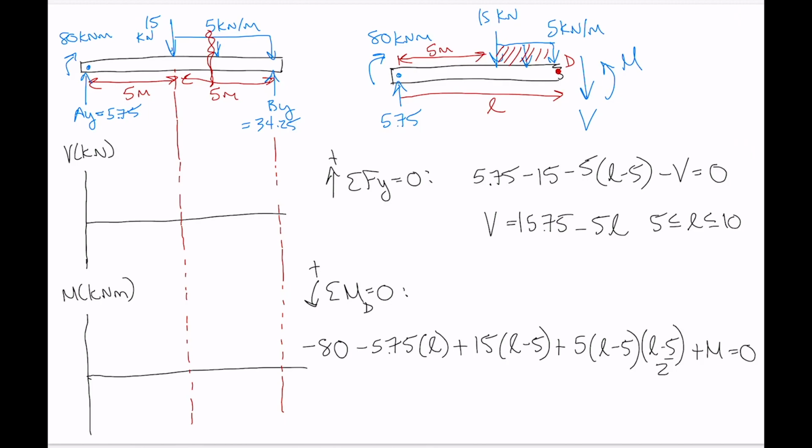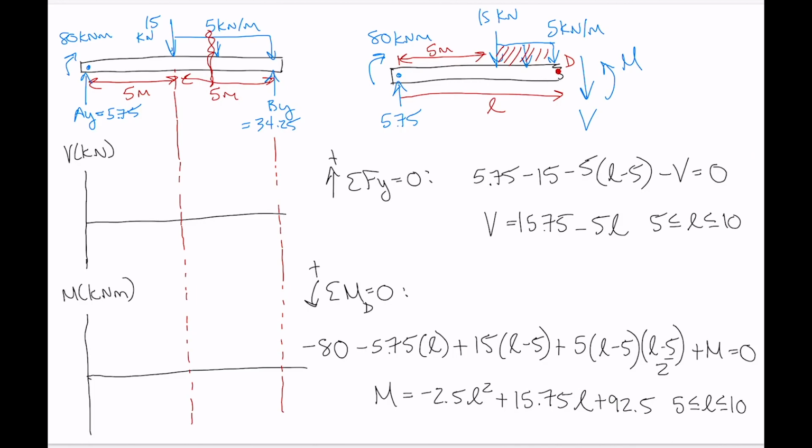Okay, so a few terms there to clean up, but when we do that, we get the following: minus 2.5 L squared plus 15.75 L plus 92.5. And again, this is good between values of 5 and 10.